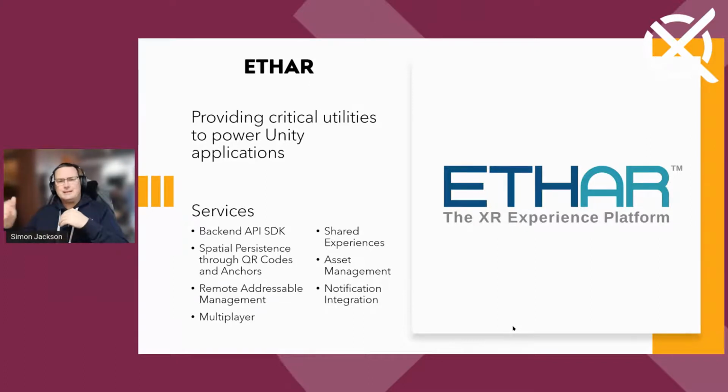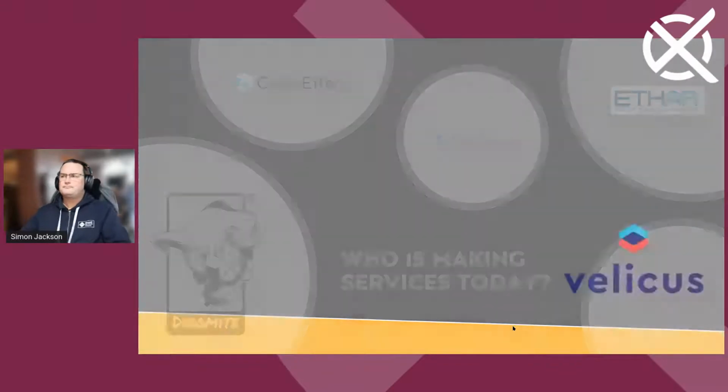So extending Unity's addressable system and making it into a much more compact and easily reusable thing, adding services like multiplayer and more asset management and notifications. And so they can work with multiple notification providers all from a single line of code. It doesn't matter, because whichever device you're on, the service is up and running for whatever notifications that platform supports. But again, behind that common interface, it's one call. It doesn't matter where it is.